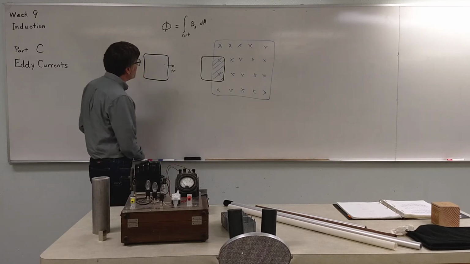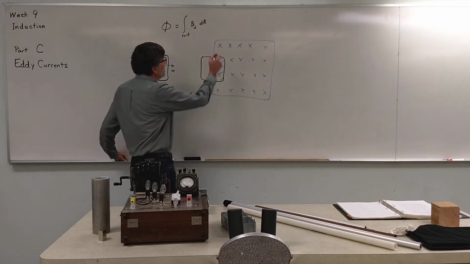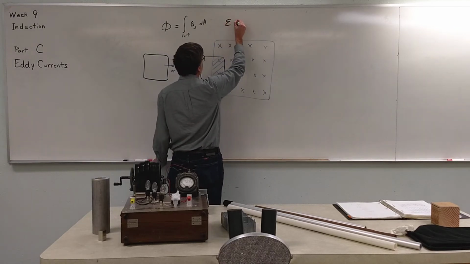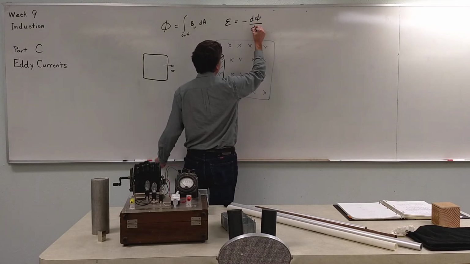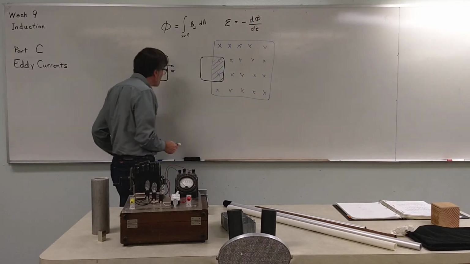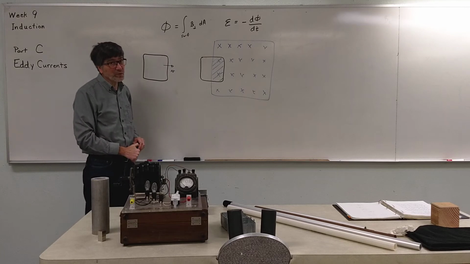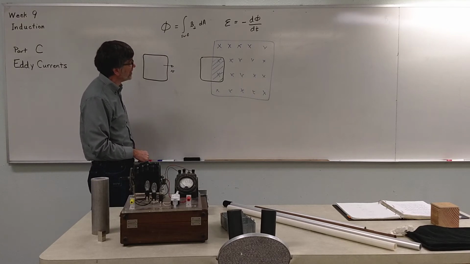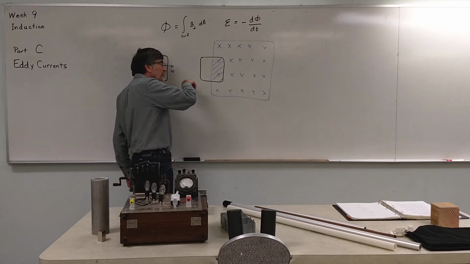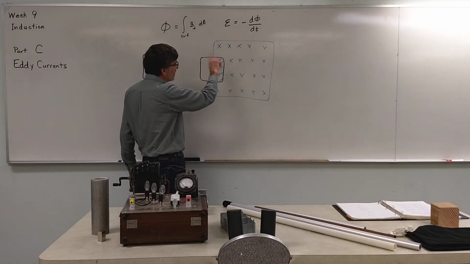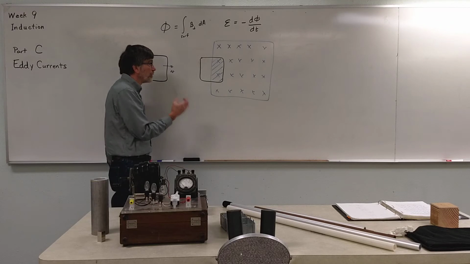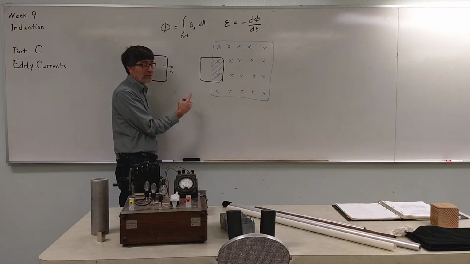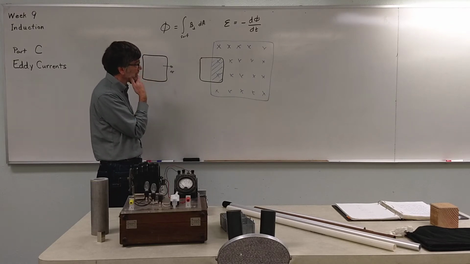And if you recall, there's an EMF generated that is according to how the flux changes. And that minus sign reminds us of Lenz's law that says current would tend to go around this loop in whichever direction is necessary to oppose the change in the magnetic field going through the loop.